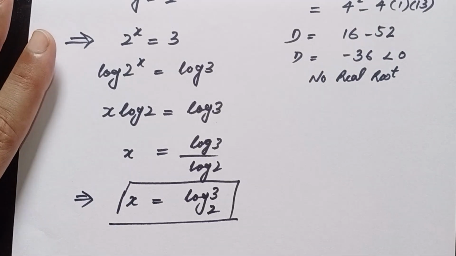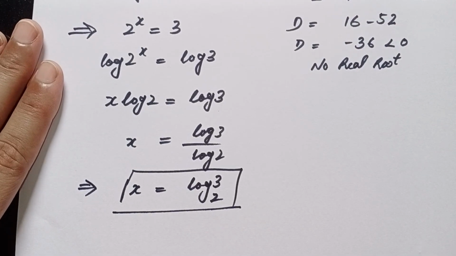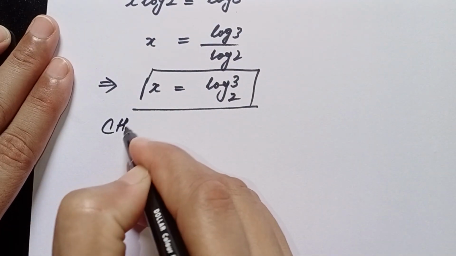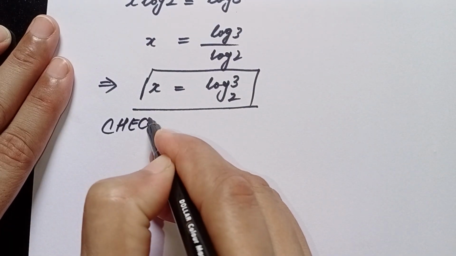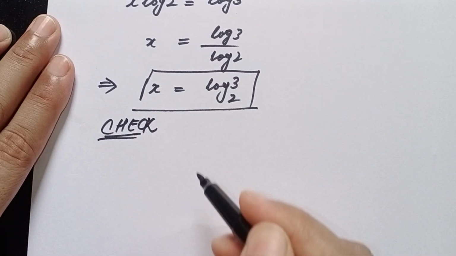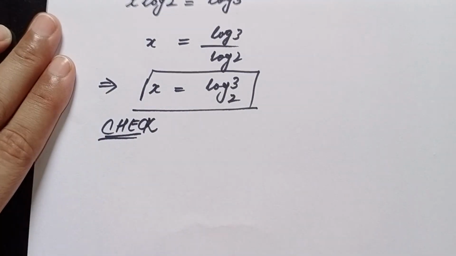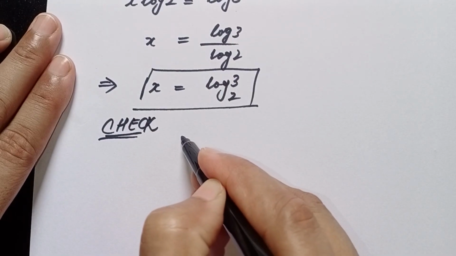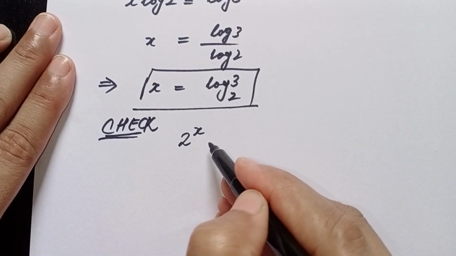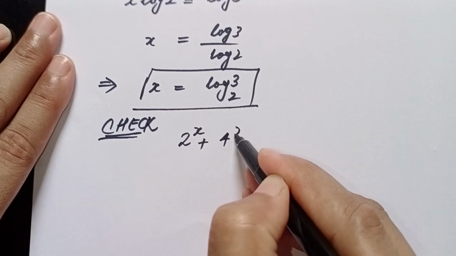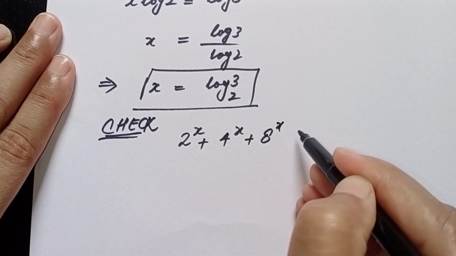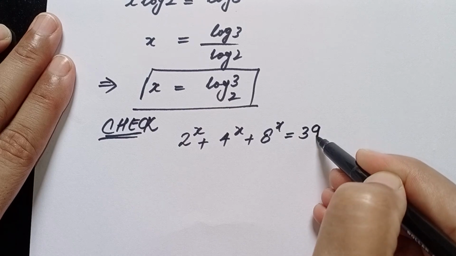Now we need to check this value. So we write down the given equation in order to check this value. Check: the equation is 2^x plus 4^x plus 8^x is equal to 39.